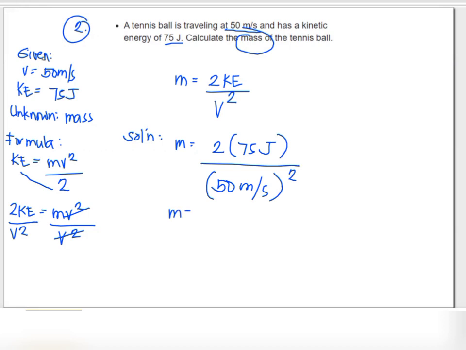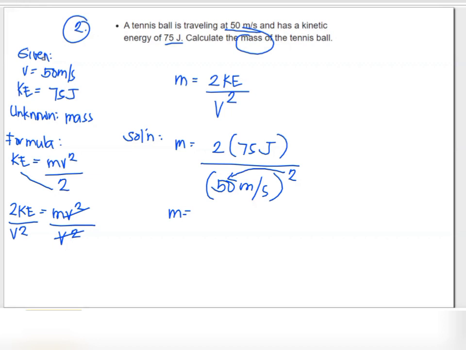Okay? So, 2 times 75, what is that one? 150, di ba? Tapos ito class, yan, square daw yan. So, 50 times 50 is 2,500 meters squared per second squared.